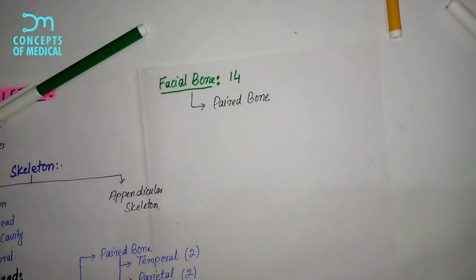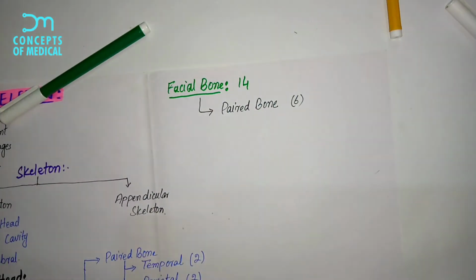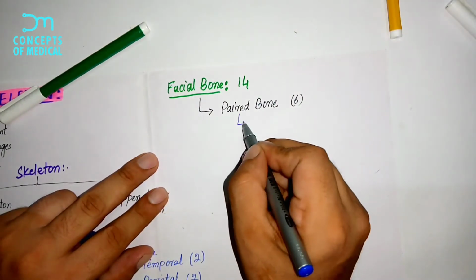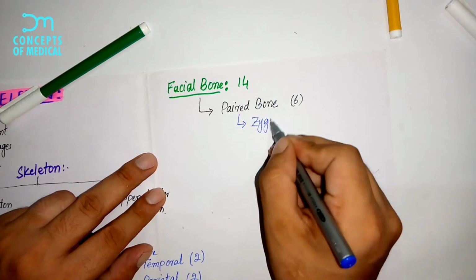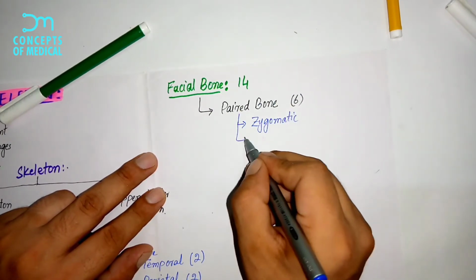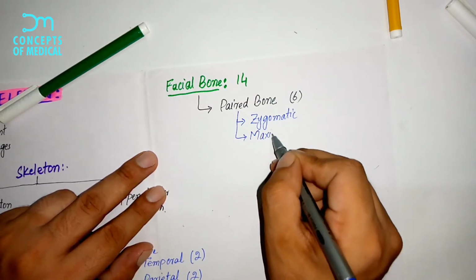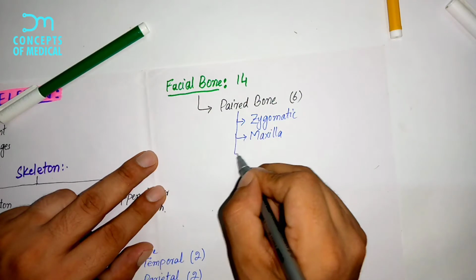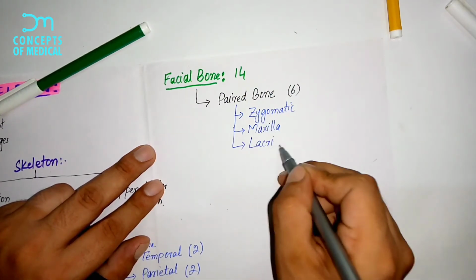So paired bones are actually 6 in number in the facial, right? So the first bone here we have is the zygomatic, and the second is maxilla. The third bone here we have is the lacrimal.